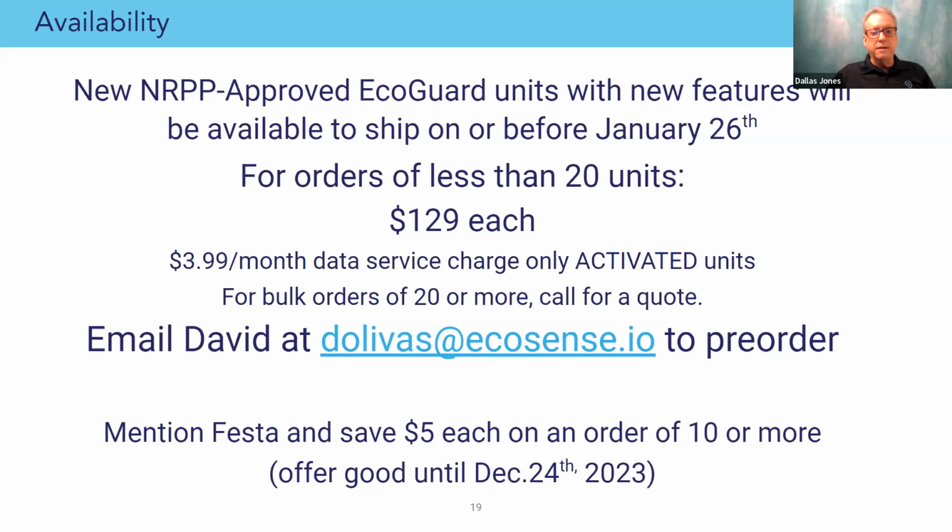There is a $399 per month data service charge, but only on activated units. So let's say you bought 20 of them and you only had the first 2 out. You're not getting charged anything for the ones that are not activated. If somebody decides, well, I want to cancel my service at some point and it's no longer activated, then you don't get charged for it.